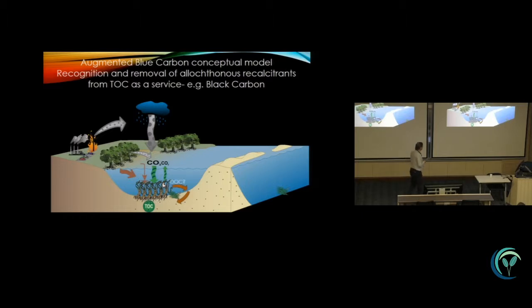And then we have a bit of DOC, and we're not too sure what happens to it, whether it's degraded or where it goes. And finally, which we talked about in the first session, some of it's retrapped back into adjacent mangroves and so forth.